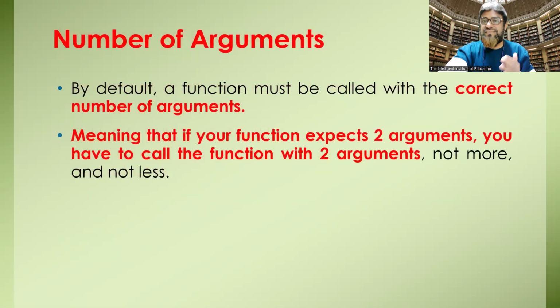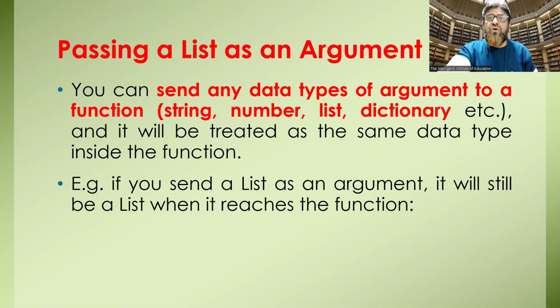Now, the number of arguments: how many parameters we pass, accordingly and respectively we have to pass the values, not more and not less. It will be exactly the same, so definitely you will get a result. Here we can pass numbers, complex and floating numbers, as well as dictionaries, lists, tuples and sets.